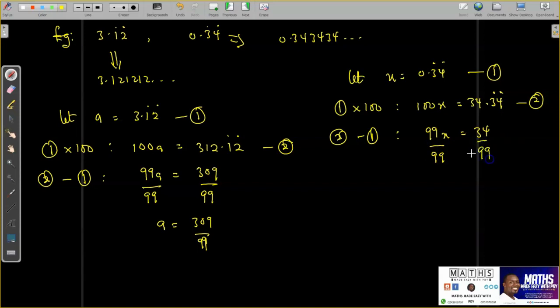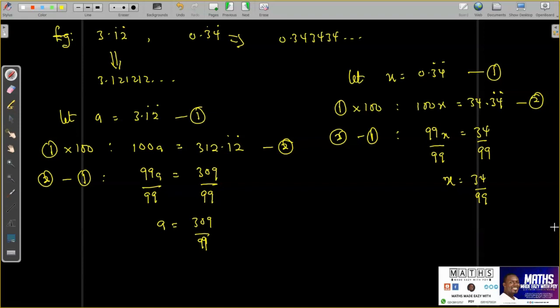And x will be equal to 34 on 99. Please, can you confirm it from your calculator? 0.34 recurring. Very good. So that is it.